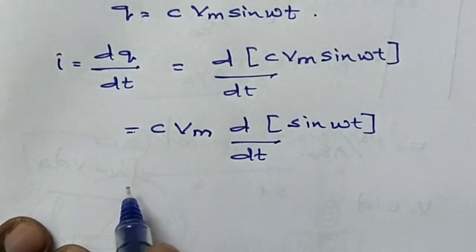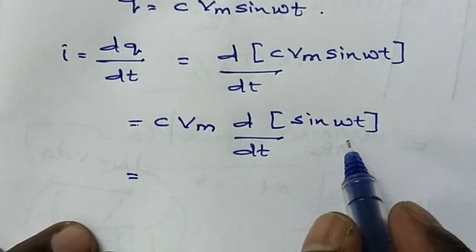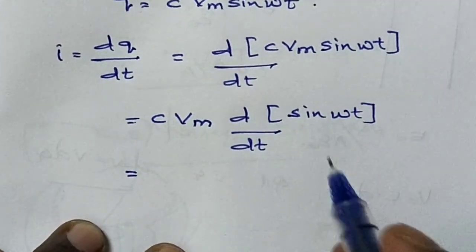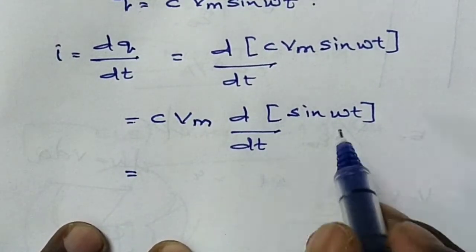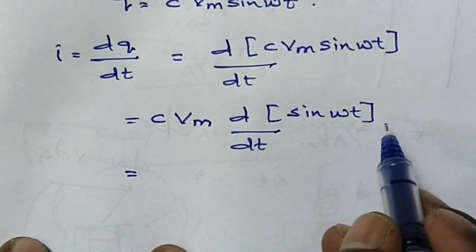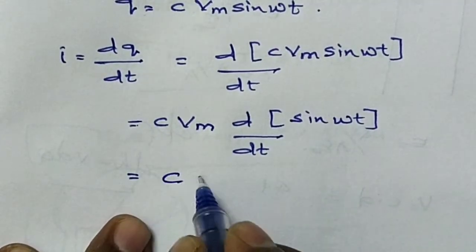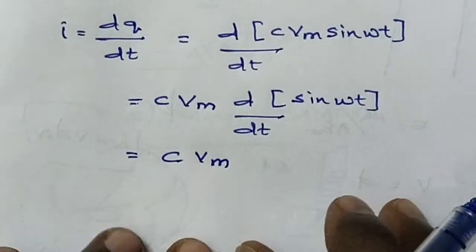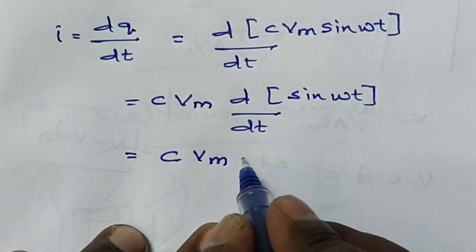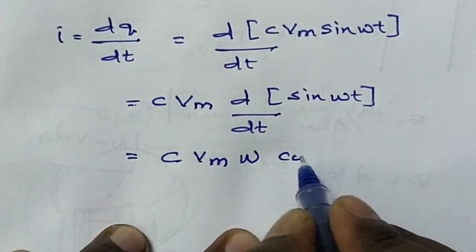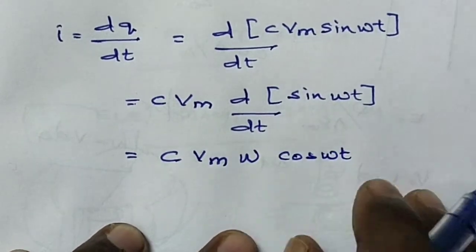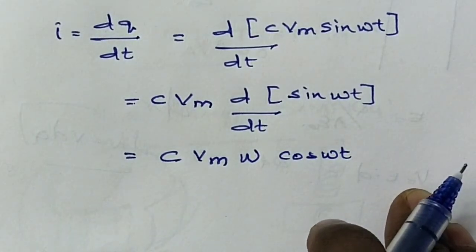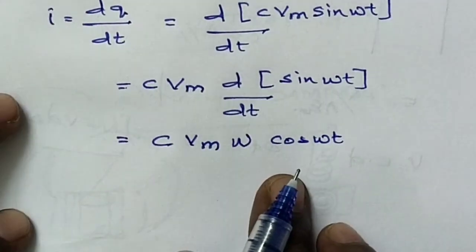The differentiation of sin omega t is cos omega t, and differentiating omega t with respect to time gives omega. Finally we get C Vm omega cos omega t.